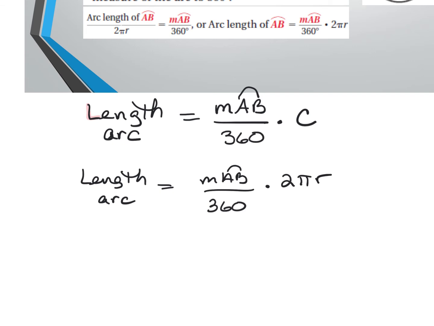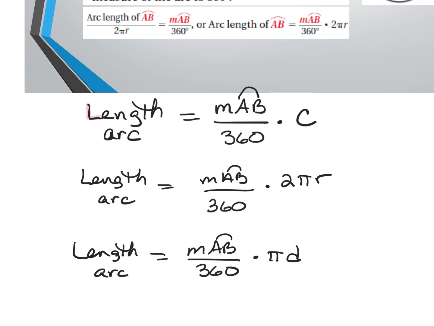If they give you a diameter, again, length of the arc is equal to the measure of the arc in degrees divided by 360, and if they give you a diameter, it's pi d. So what we're trying to find is how much of that whole pizza pie is just the crust piece. That's what the arc length is. So it's usually just part of the circumference.